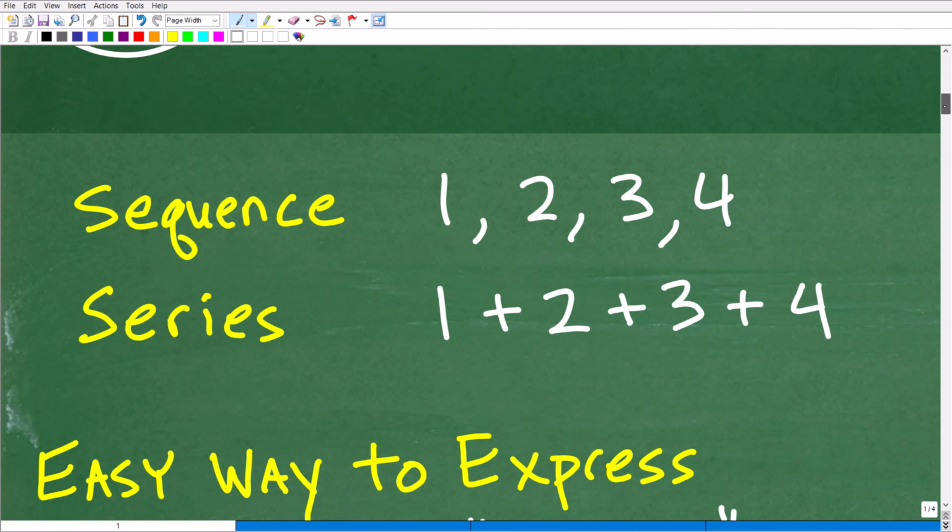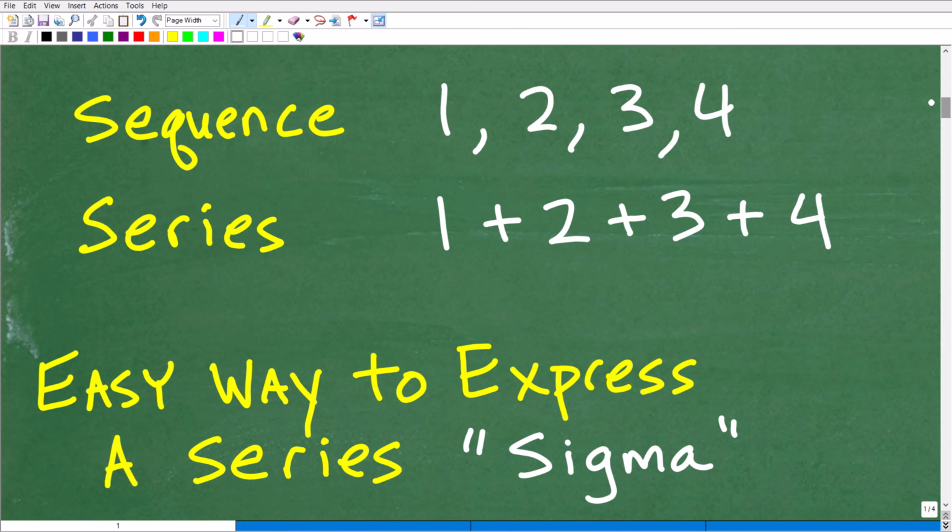So when you start studying the topic of sequences, an example of a sequence would be 1, 2, 3, 4. This is a specific sequence of numbers, right? Now, a lot of times students confuse these two words, a sequence and a series.